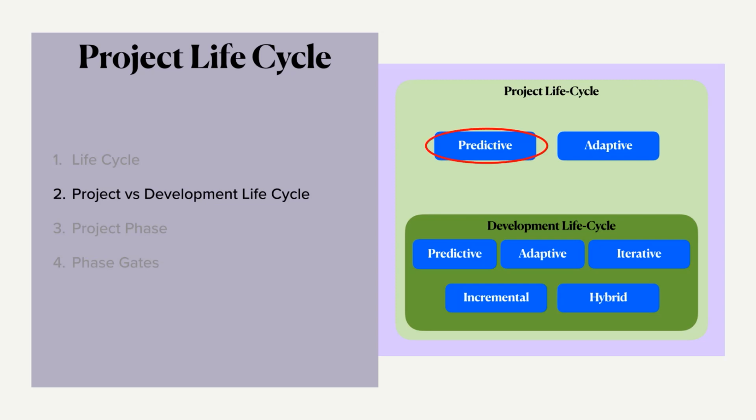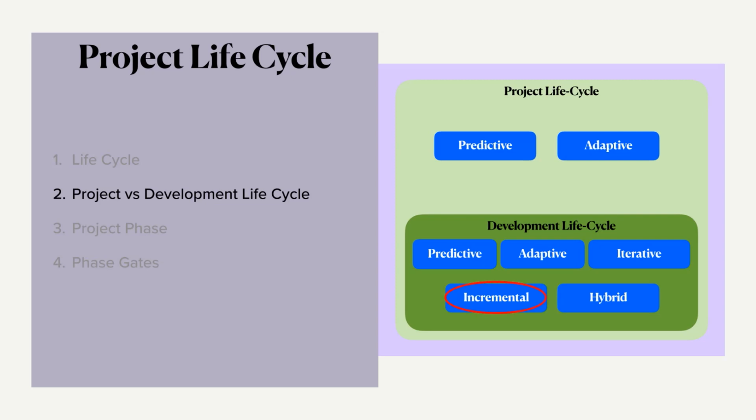A predictive life cycle is usually a traditional method where the scope, time and cost are all defined at a very early phase of the project. An iterative life cycle is an agile method, where the scope is predefined, but the time and cost are changed as the project moves forward.